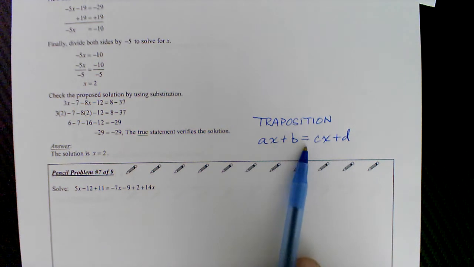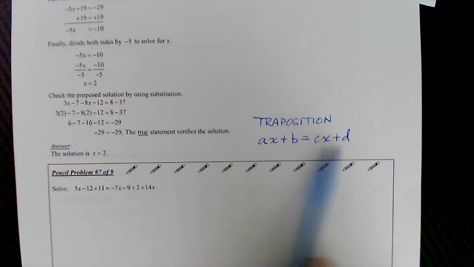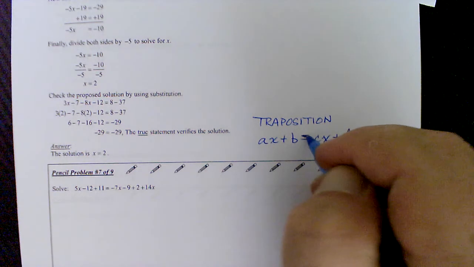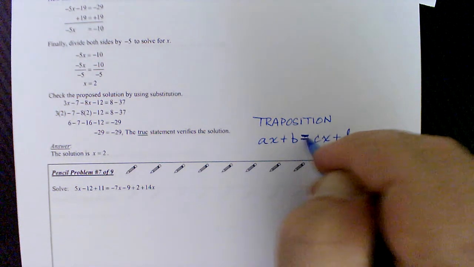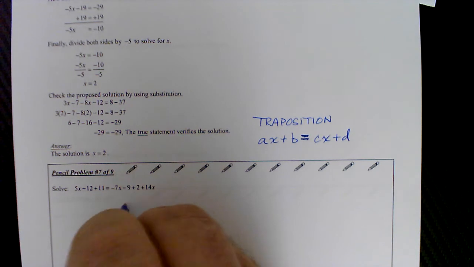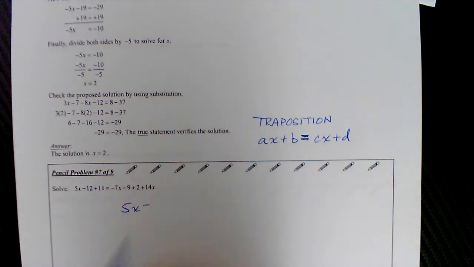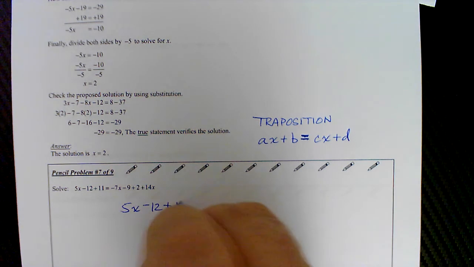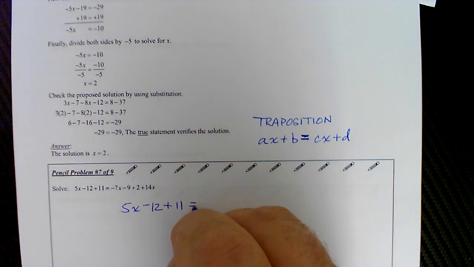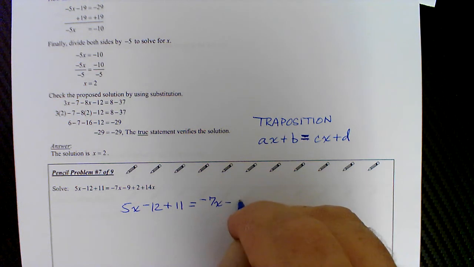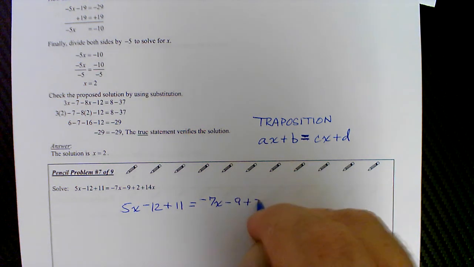If there's more than two terms on either side of our little barrier, the equal sign here, we're going to have to combine like terms first. So I'm going to recopy the given problem, 5x minus 12 plus 11 equals negative 7x minus 9 plus 2 plus 14x.